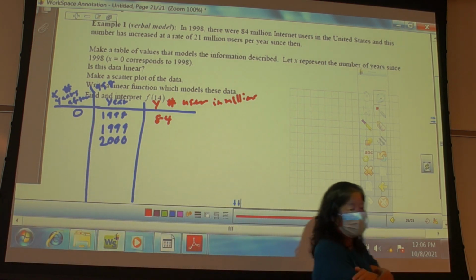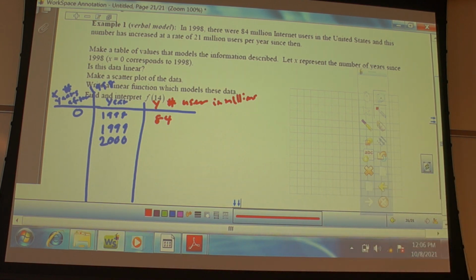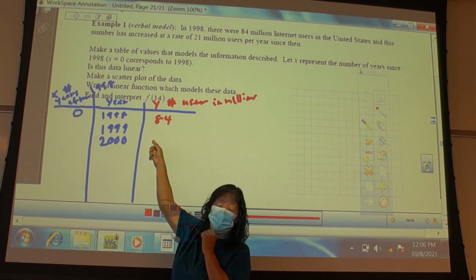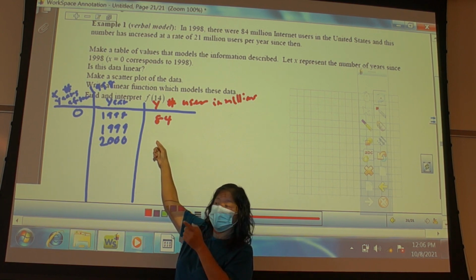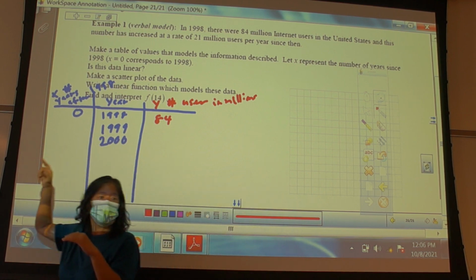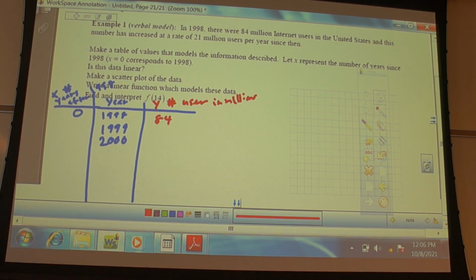This increased by a rate of 21 million per year. So if 1998 was 84 million, 1 year later, there should be how many more? 21 million more. Is anyone seeing where we're getting that from? So this should be 84 plus 21. Yep, 105. Next one should be 105 plus 21. 126.